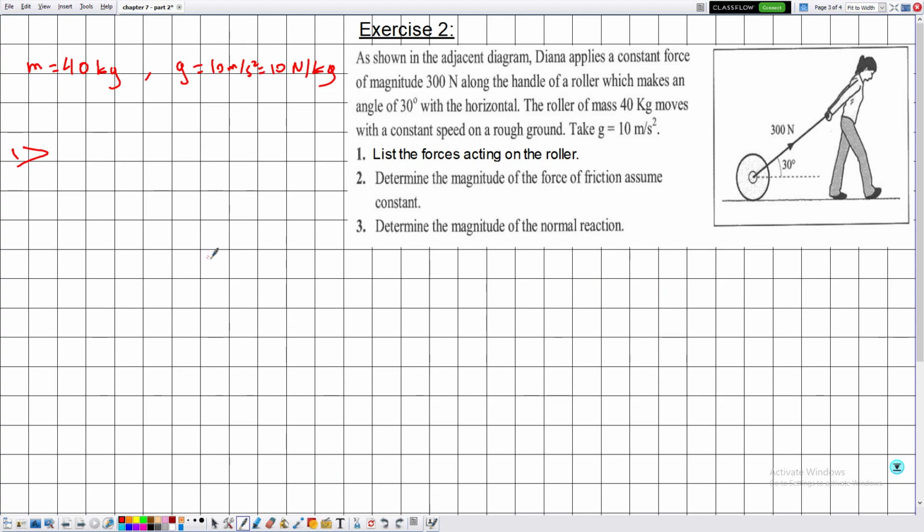Because the roller has a mass, it will be submitted to the weight W, and because we have a support, it will be submitted to the reaction at the support, which is the normal N. It is submitted to the muscular force.